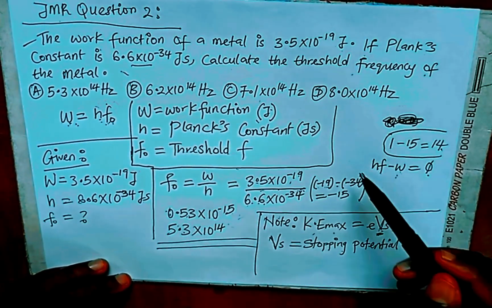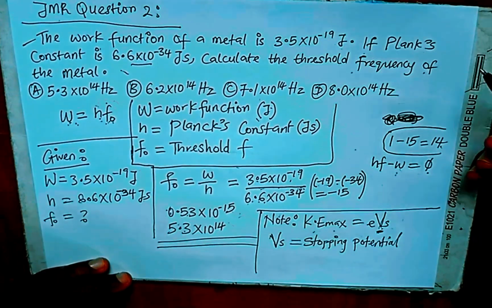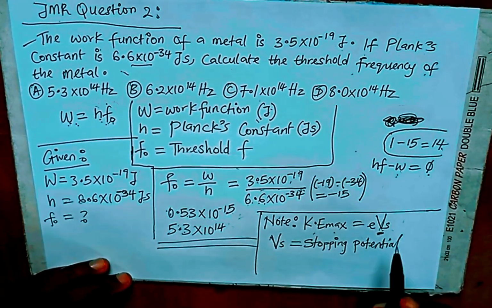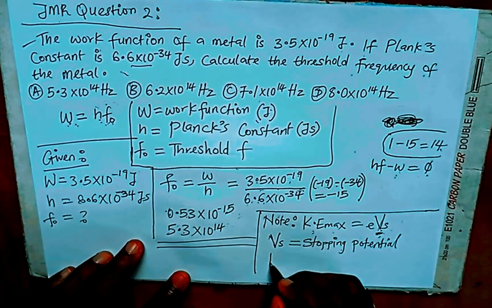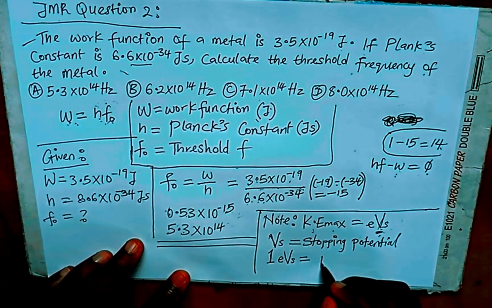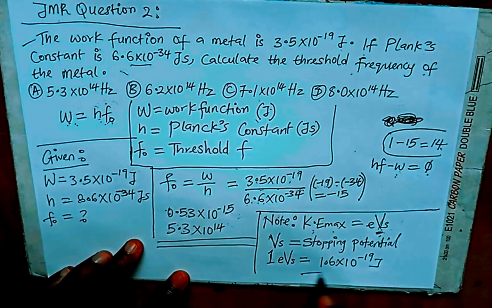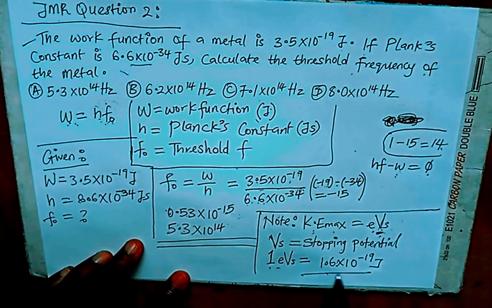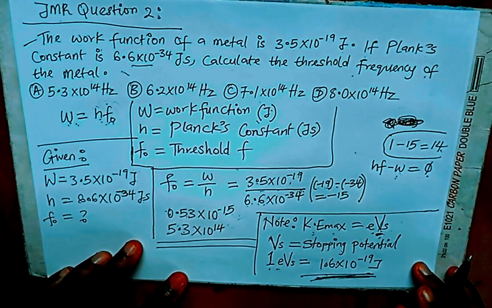You make work function the subject of the formula. How do you get the maximum kinetic energy? You just use your stopping potential, get your answer. And one electron-volt of stopping potential is equivalent to 1.6 times 10 raised to power minus 19 joules. So one of these is equal to this, that's the equivalence. Okay, that's that for this. See you in the next class.